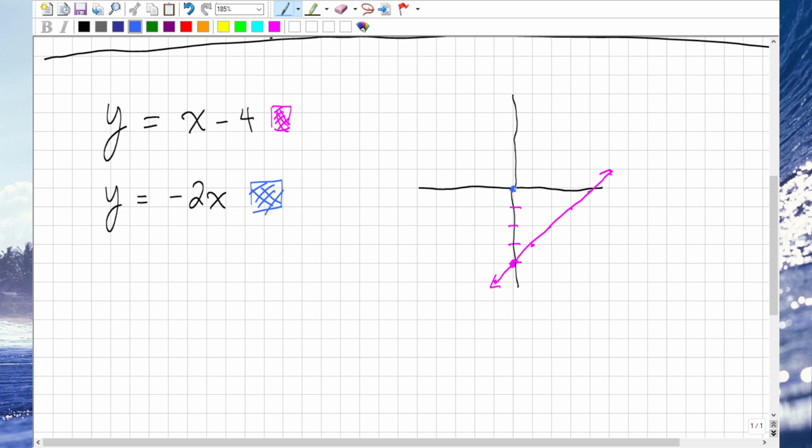And it has a slope of negative 2, so I go down 2 over 1, down 2 over 1, down 2 over 1. And we have this situation.